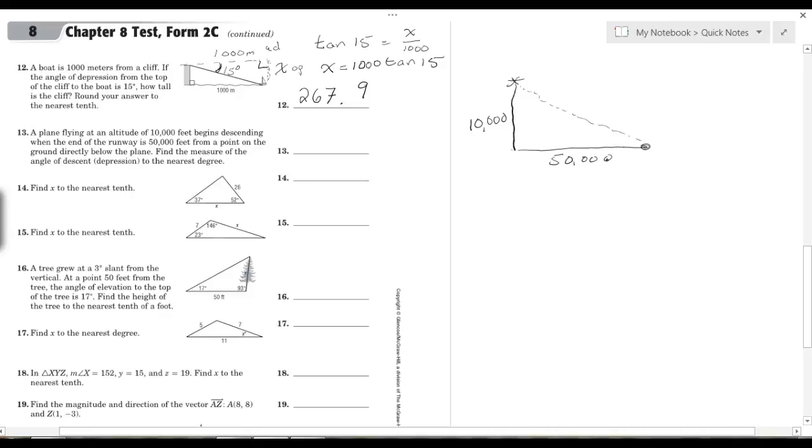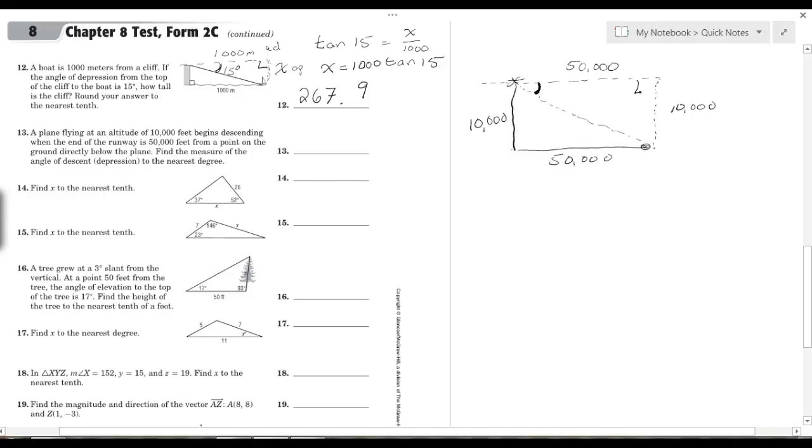It says, find the measure of the angle of descent or depression from the nearest degree. Once again, the angle of depression has to come down from the horizontal. So I'm going to just draw out my triangle. So this is the angle I'm looking for. So I'm going to write back in the information I know. This is 50,000. This is 10,000.